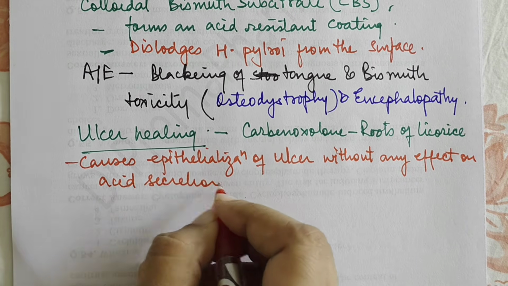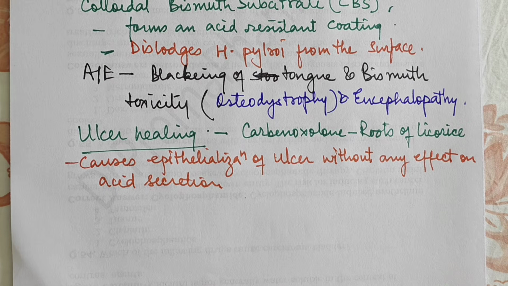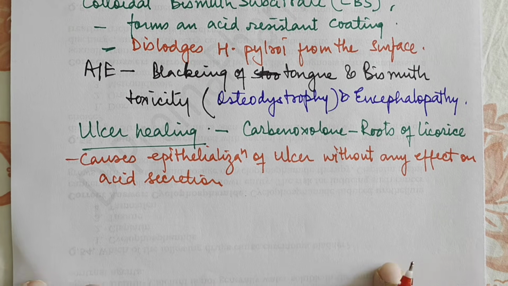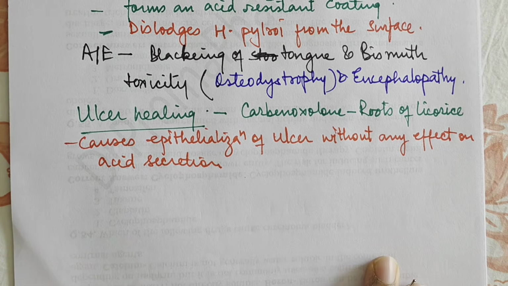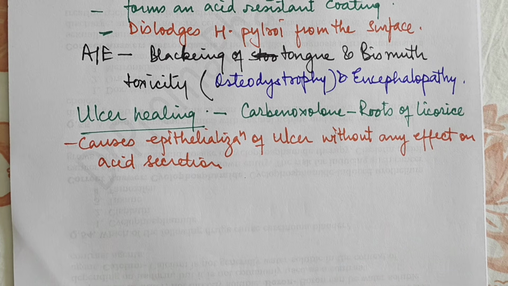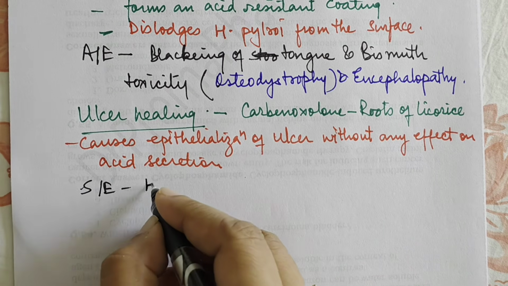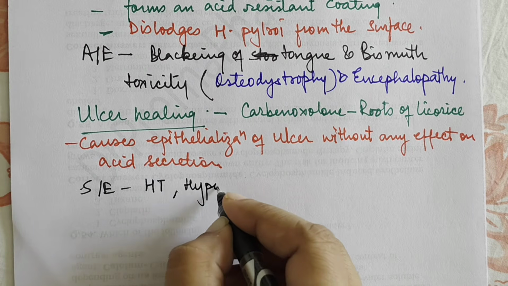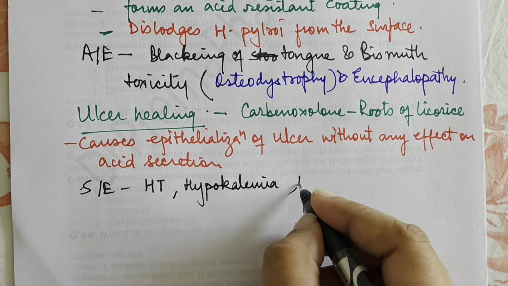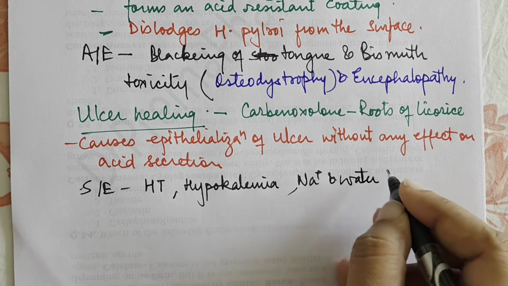Okay, so carbenoxolone is basically a drug that causes epithelialization of the ulcer and does not have any effect on acid secretion. But what are the side effects of this carbenoxolone? It can cause hypertension, hypokalemia, and sodium and water retention.